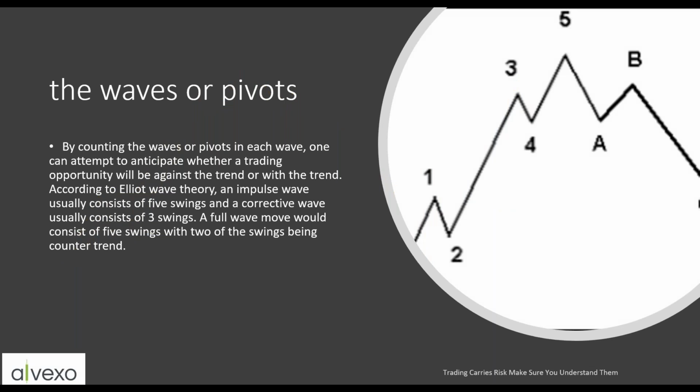By counting the waves or pivots in each wave, one can attempt to anticipate whether a trading opportunity will be against a trend or with the trend. Now, according to Elliott wave theory, an impulse wave usually consists of 5 swings and a corrective wave usually consists of 3 swings. Now, we can find this in a 30 or 60-minute chart.